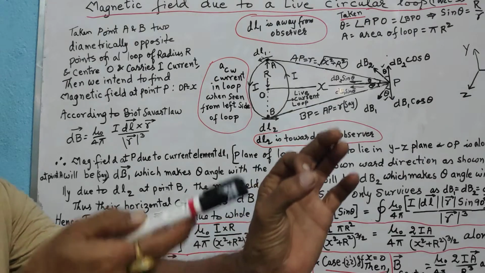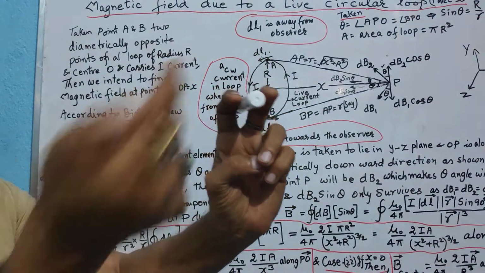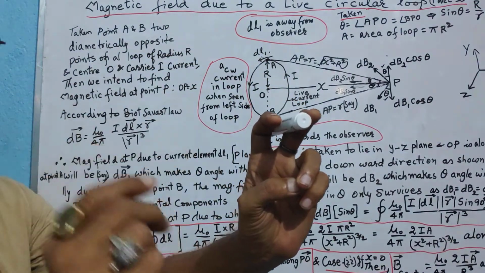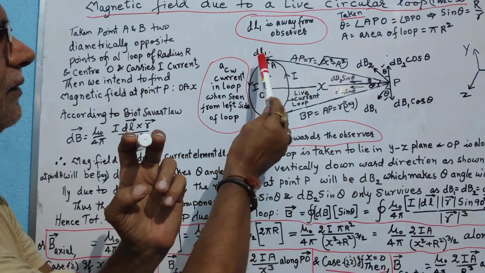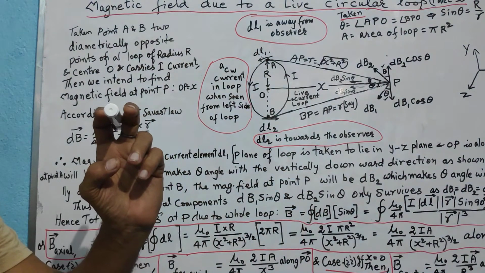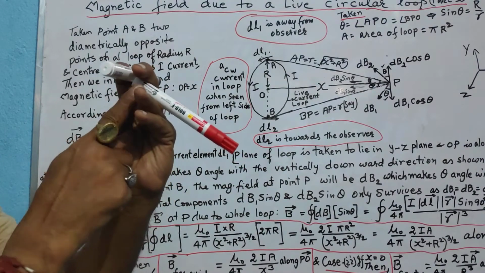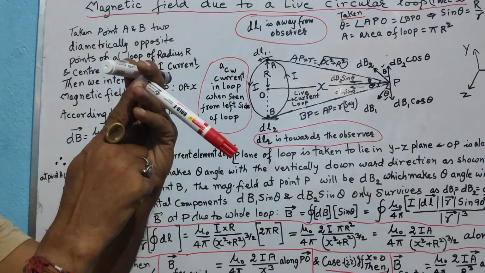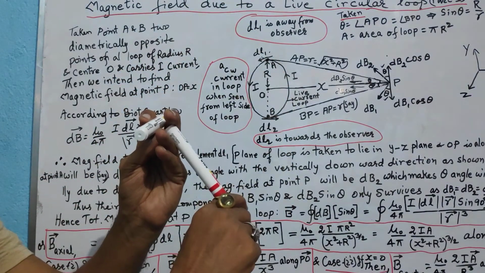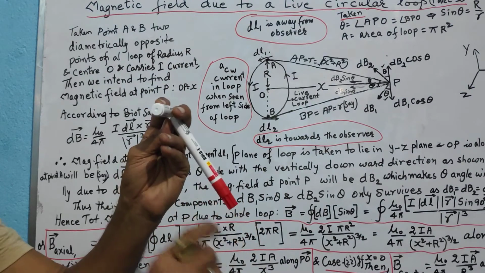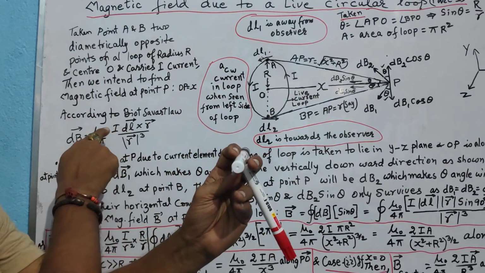If you have considered anti-clockwise current, then the current element at point A will be away from the observer, away from you, and the direction of AP will always make 90 degrees with it, because it is moving in the XY plane. And so if you expand, you will get sine 90 degree in the expansion of this cross product.